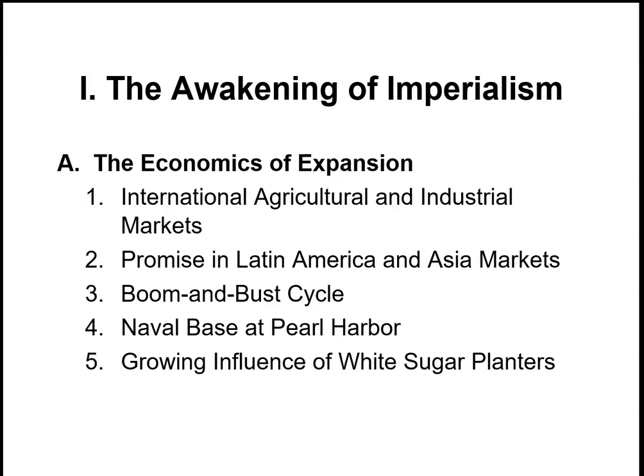Native Hawaiians were really uncomfortable with this, and with the growing influence of white sugar planters on the islands. In 1891, the plantation owners and a contingent of U.S. Marines ousted the last of the Hawaiian royal family. They actually removed Queen Liliuokalani and her nationalist government.